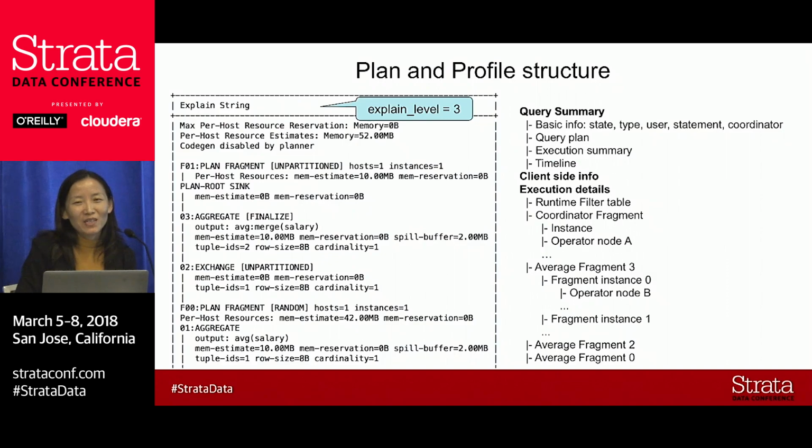The num nodes is only 1 or 0. So 1 means single node plan, 0 means distributed. Whenever it's a distributed plan, it will try to use all the best nodes. It doesn't pick randomly just a subset of nodes. It doesn't do that. 0 means distributed plan.